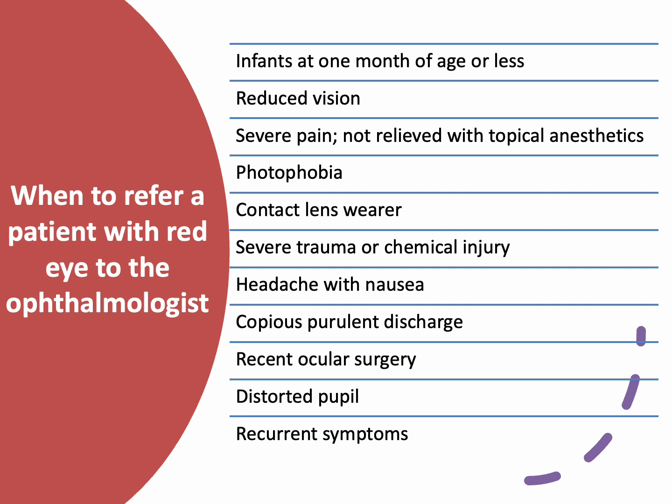Any recent ocular surgery? Obviously, this is alarming for us. If the patient had recent surgery, then developed red eye or pain, we should refer to an ophthalmologist to check for any infection at the surgery site, any inflammation, or any complications.